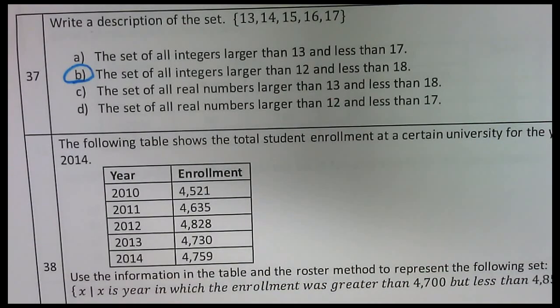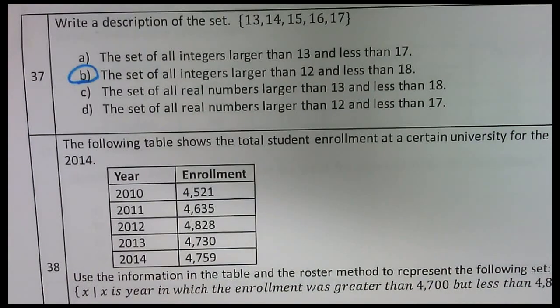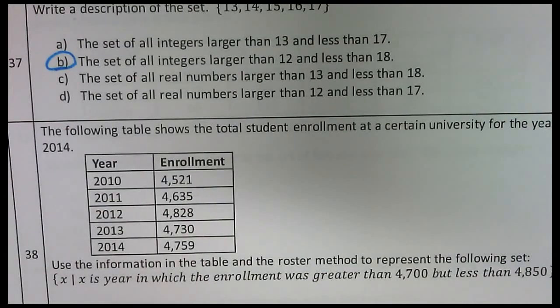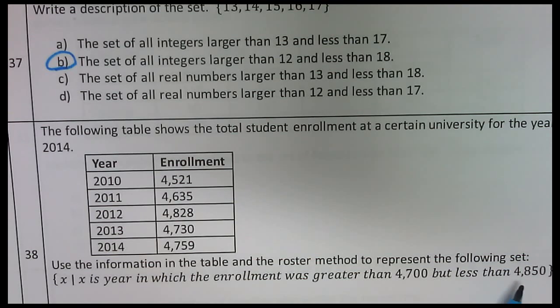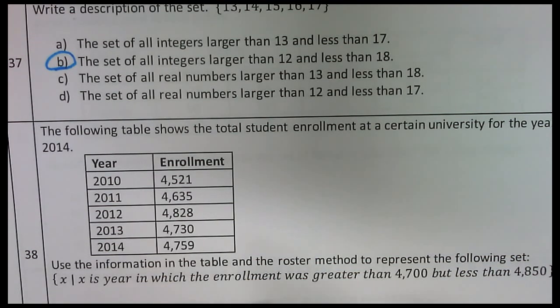Number 38, the following table shows the total student enrollment at a certain university for the years 2010 through 2014. Use the information in the table and the roster method to represent the following set: X such that X is a year in which the enrollment was greater than 4,700 but less than 4,850. So I'm going to circle the values that fit in between those two numbers.